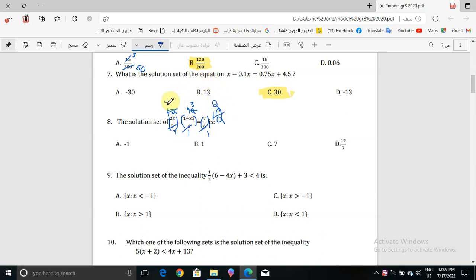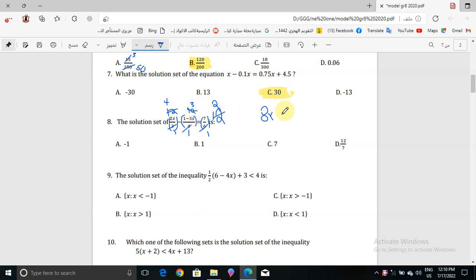Now what we'll do here, 4 times 2x will give us 8x, and then negative 3 times 1 minus 3x.